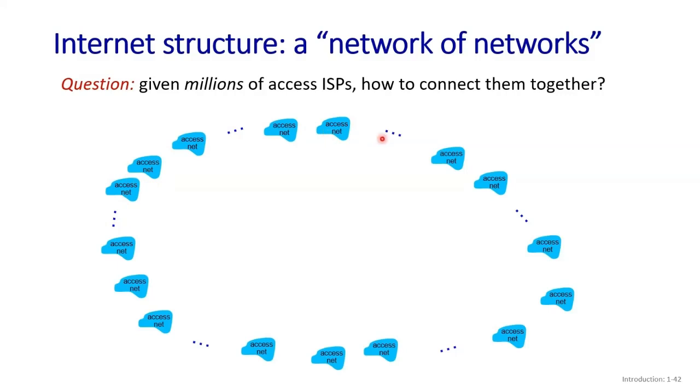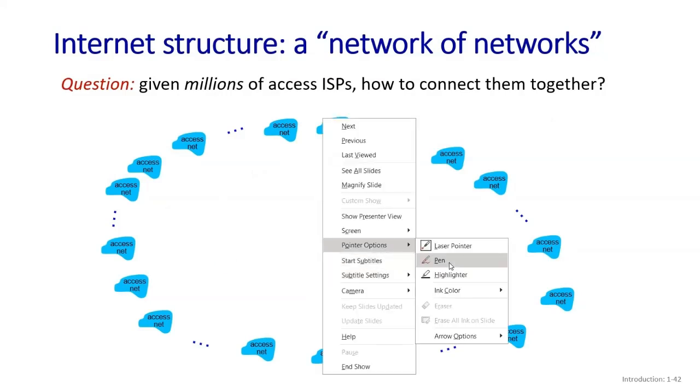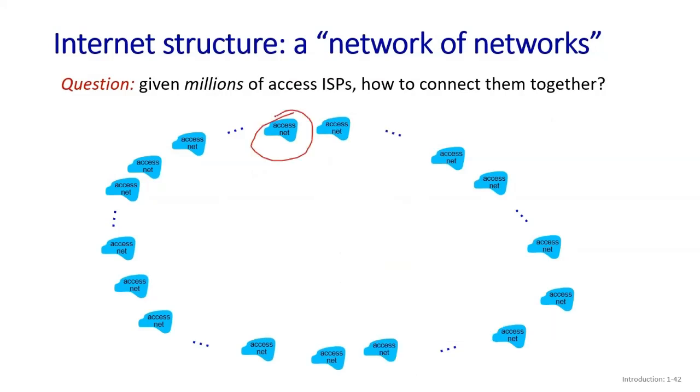As we have seen, these access networks must be interconnected with each other so a packet can transmit from one source to the other. So here is a question for you. Given millions of access ISPs, how do we connect them together? One simple approach might be to connect all of these access networks to each other. So one single access network, let's say this one over here, is connected to each of the other access networks in this world.